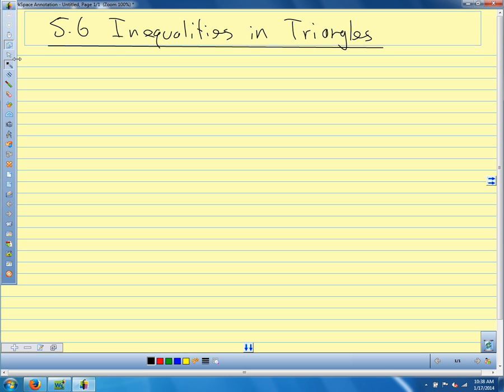We've talked about inequalities in the opener a little bit, just leading in. We're going to talk about a couple of things that lead into the triangle inequality, and then right at the end we'll talk about the triangle inequality.